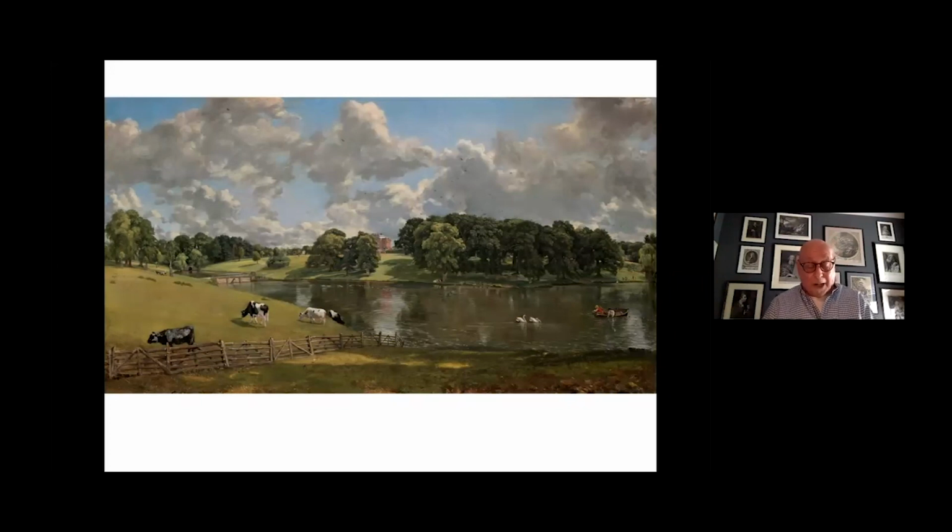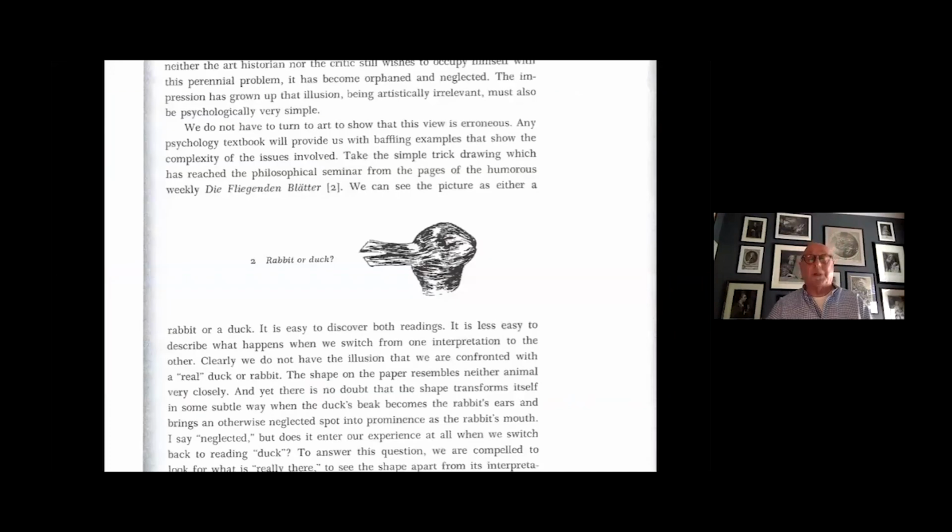More problematic, however, is his assertion that it is not possible to view what is represented together with the surface of that representation. Here he used the familiar example of the rabbit or duck image.